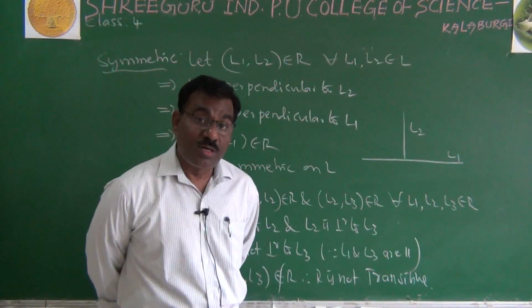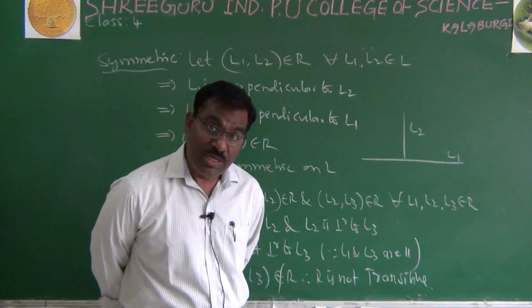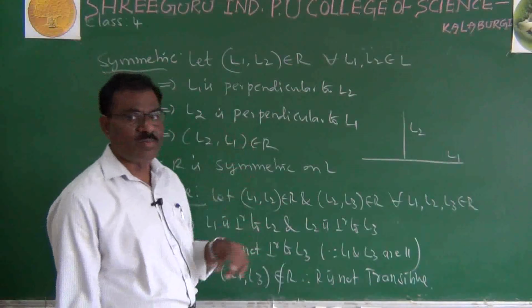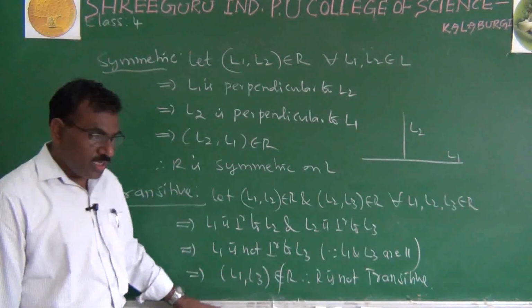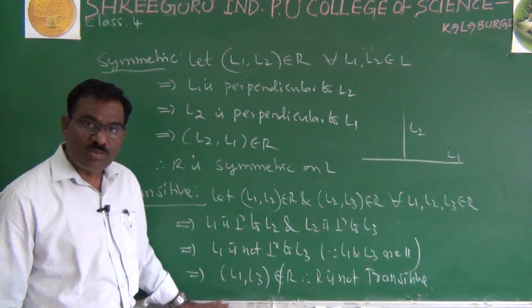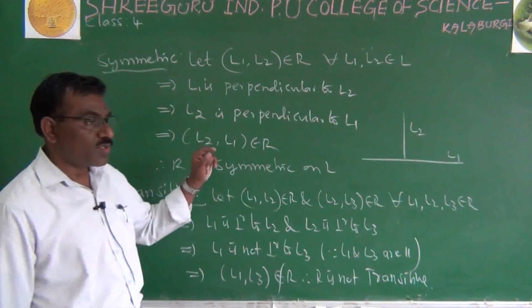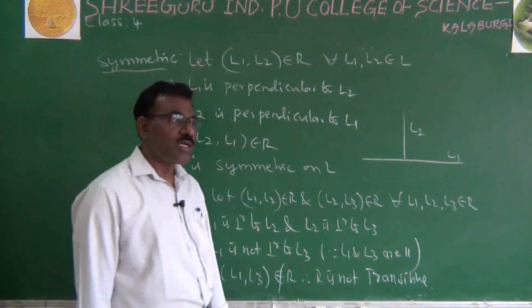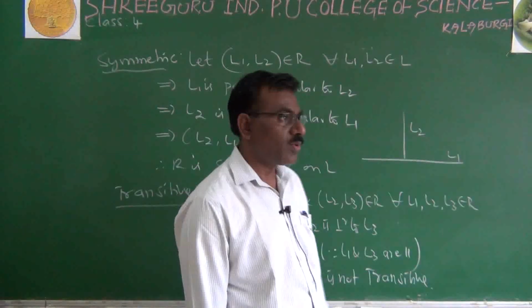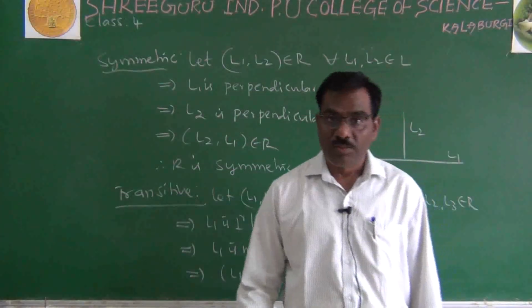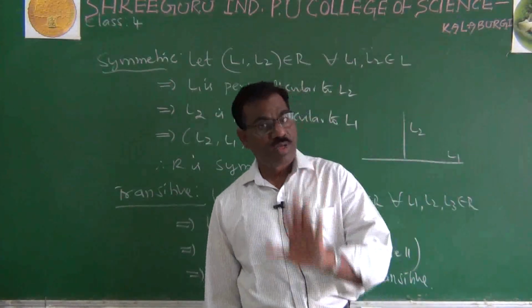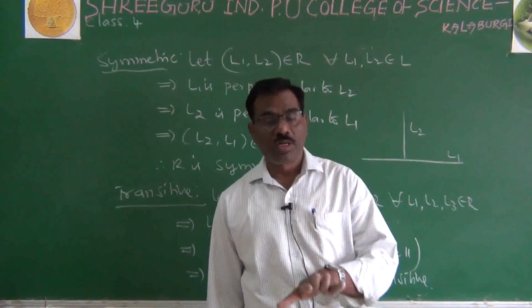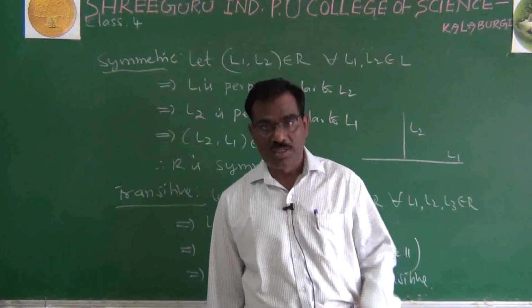Give an example means it is only one step, one mark question only. What is the question? Give an example of a relation R that is symmetric but not reflexive and not transitive.